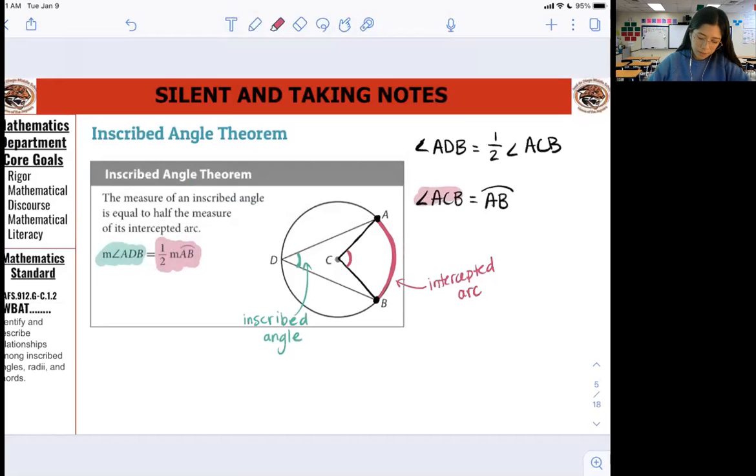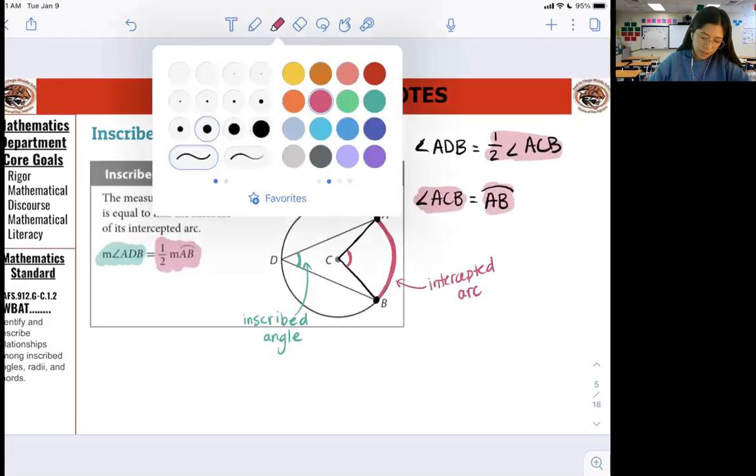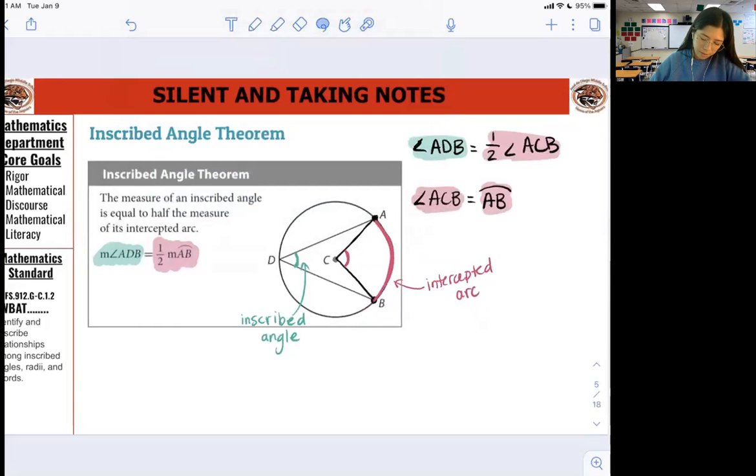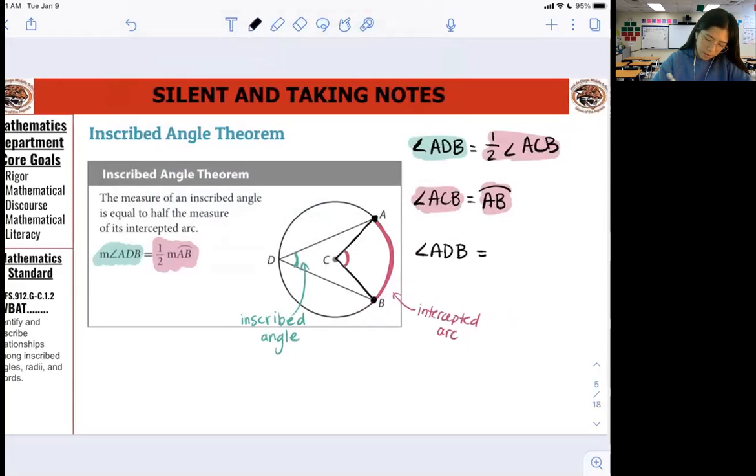That's the definition of an arc. So putting everything together, I know that ADB is equal to 1/2 of arc AB.